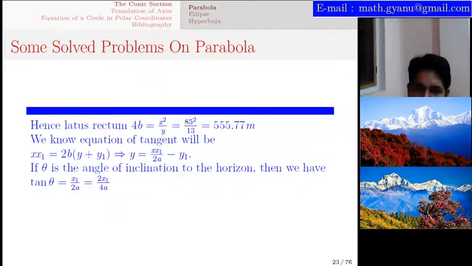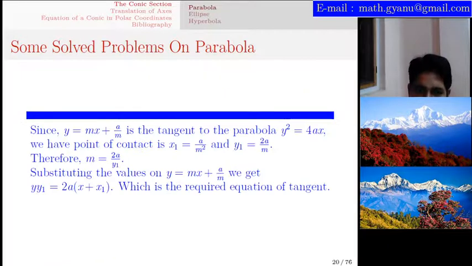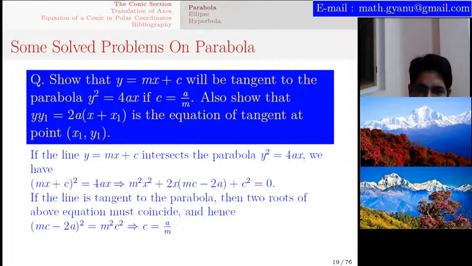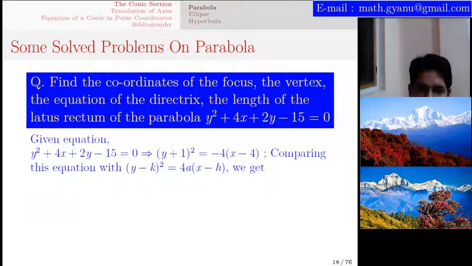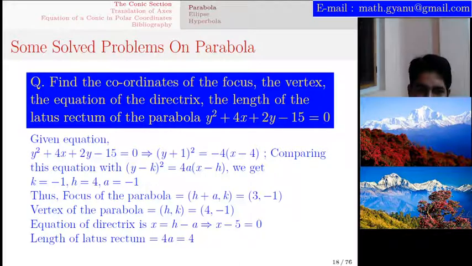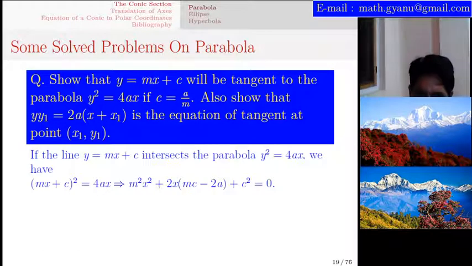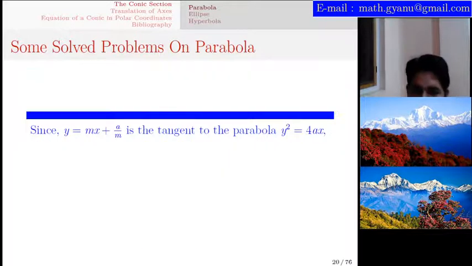Also try to solve the problems shown in our solved problems here. I suggest you practice this type of problem, since in the examination throughout the parabola section, you may be asked to find the vertex, equation of directrix, etc. At the end of this video you will see practice questions as your self exercise.